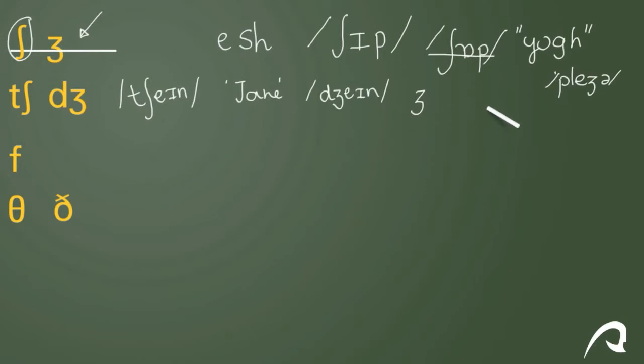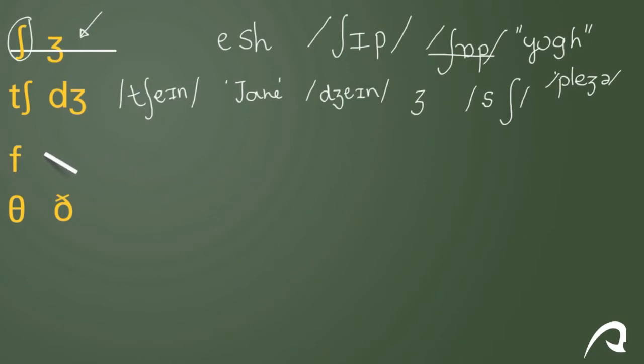For esh, avoid drawing it in such a way that it looks far too similar to the sound S, as you can see here. Esh should look like a spread S. So try drawing esh. I hope it's looking nice.